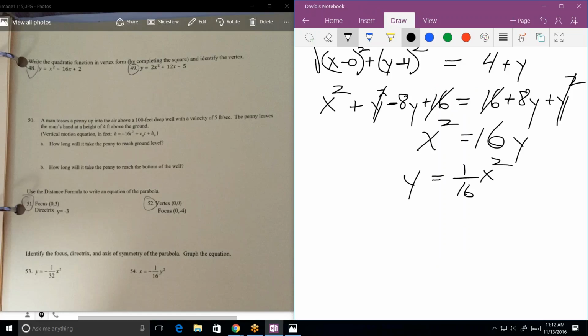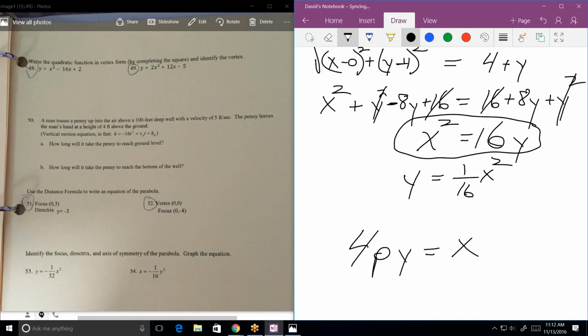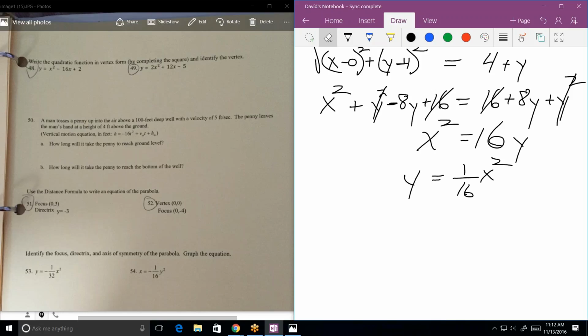Although in most school systems in Colorado, that's actually the better format. Because most school systems use this, 4py equals x squared. Well, notice that if that's the format, I can immediately know that p is 4. In other words, 4p has to equal 16. So I'm constantly having to deal with this problem of different schools using different formats here.